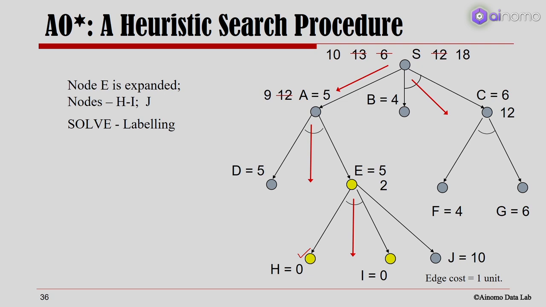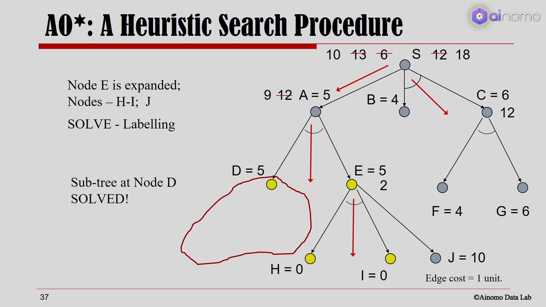Once I have solved E, for the sake of this discussion and illustration, let us assume that the subtree rooted at node D has been solved, and somehow I could mark D as solved.